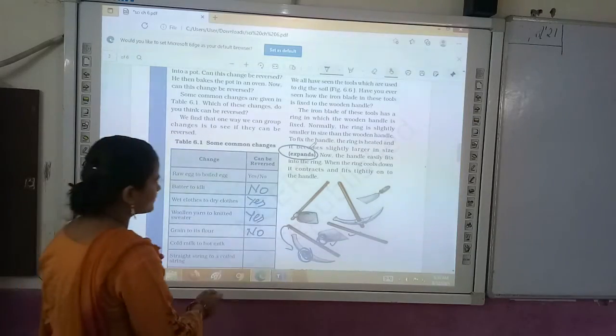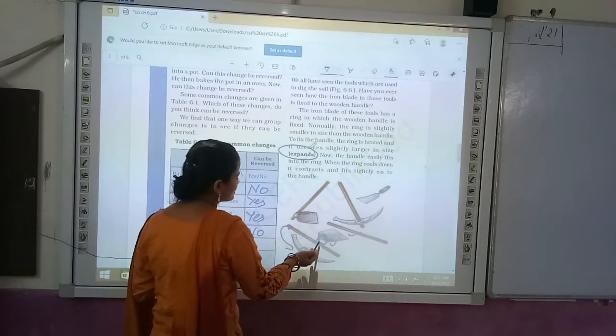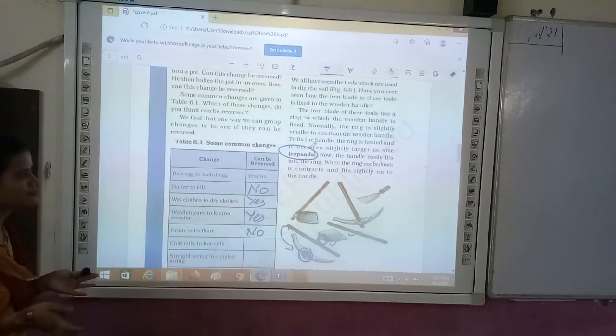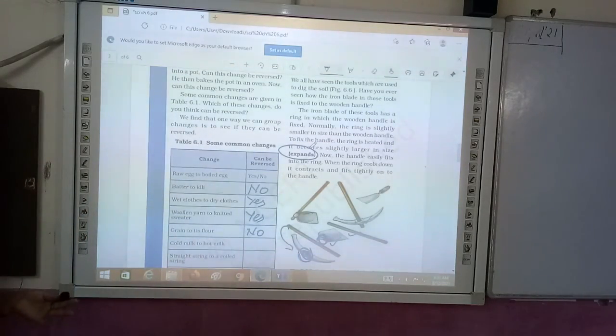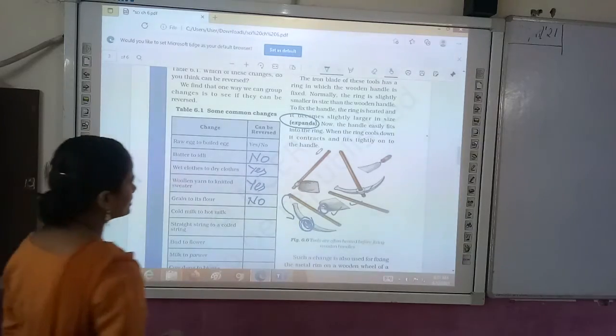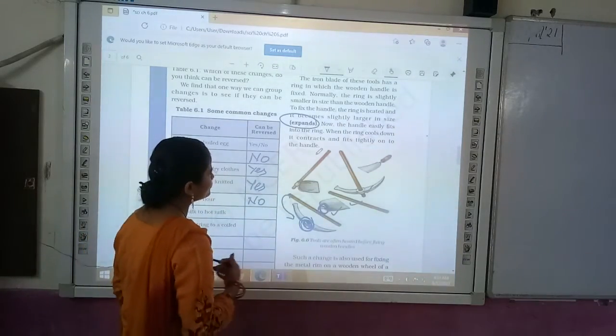Now we can fix the handle easily into the ring because it expands. It expands means it becomes slightly larger in size. ठीक है, earlier पहले क्या था, ring is slightly smaller in size. Normally यही होता था. But if we heat the ring, then it expands. Now the handle easily fits into the ring. ठीक है, अब हैंडल आपका आसानी से रिंग में फिट हो जाएगा.